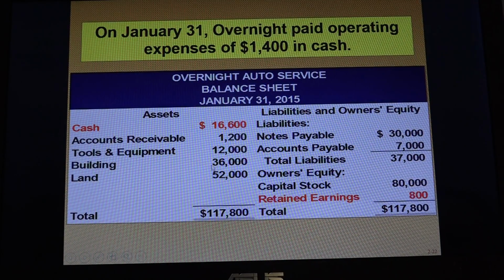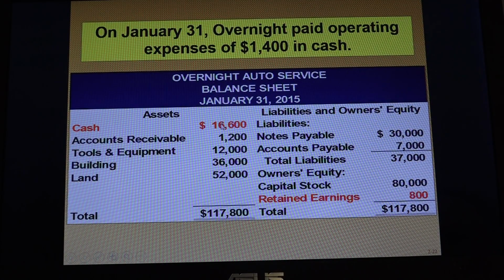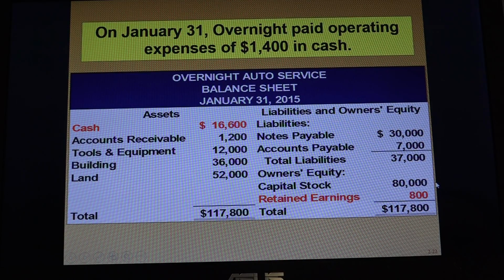Now notice here, they paid $1,400, so cash went down. To balance this out, remember that revenues increase retained earnings and expenses reduce retained earnings. And so the net effect of that is 2,200 minus 1,400 equals 800.